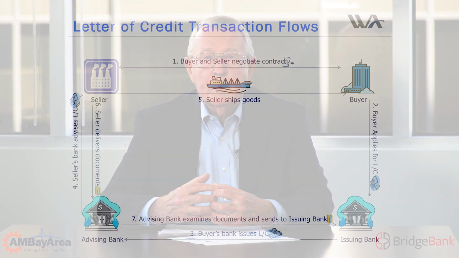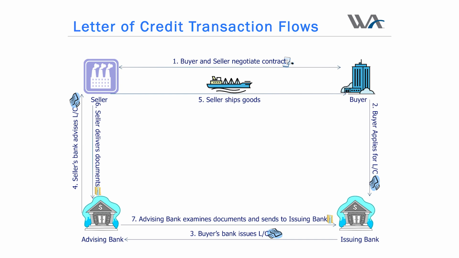And that way you can be reasonably assured that those documents will be accepted by the issuing bank. Once they have reviewed those, given you an opportunity to make corrections if necessary, then they'll send those documents to the issuing bank, who in turn will examine them.